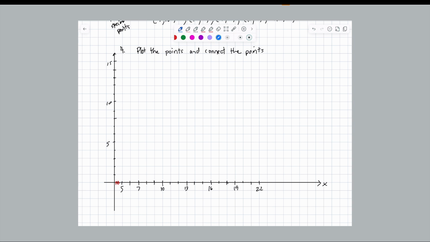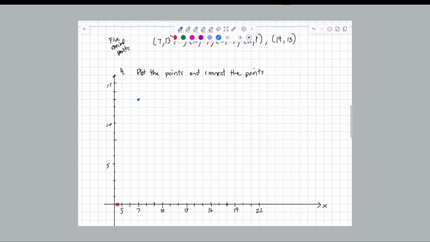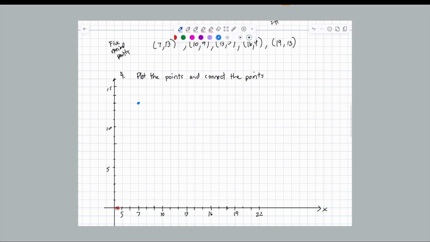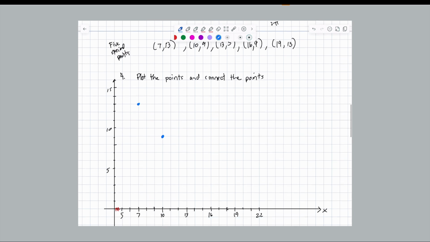And so our first point is at 7, 13. And then our next point would be at 10, 9. And then our next point would be at 16, 4, 16, 9. Excuse me, 13, 5, my bad, 13, 5.